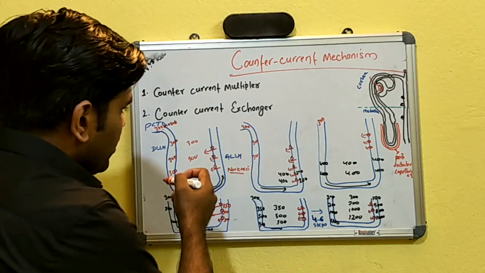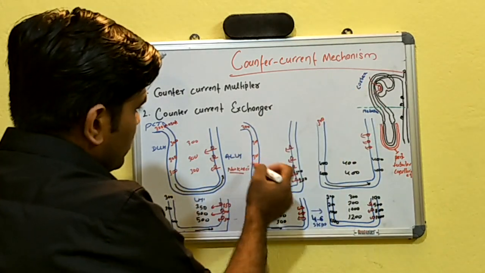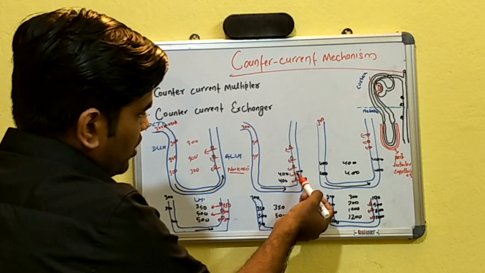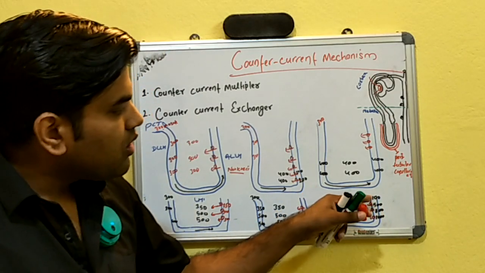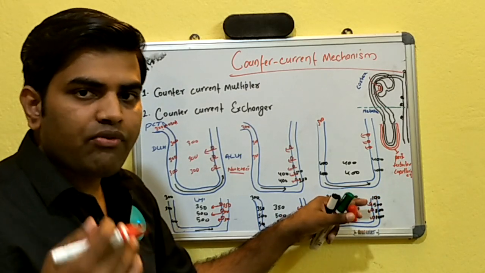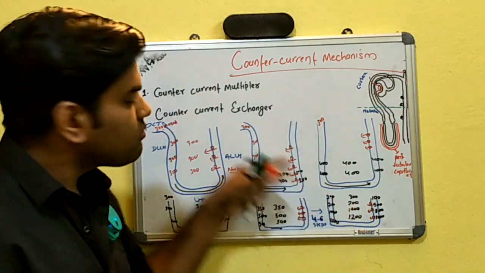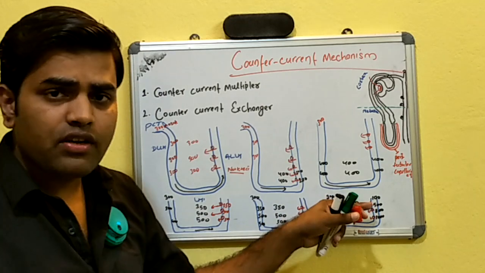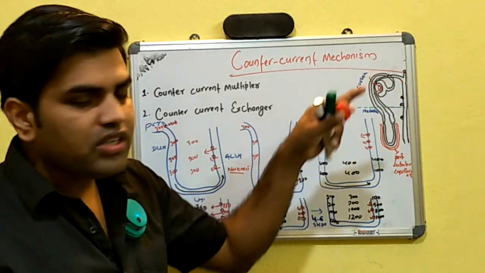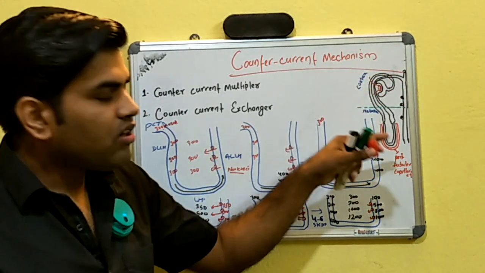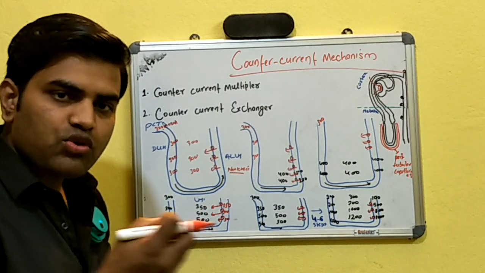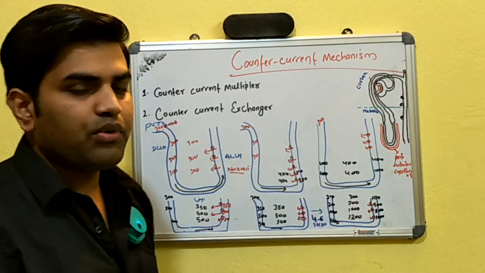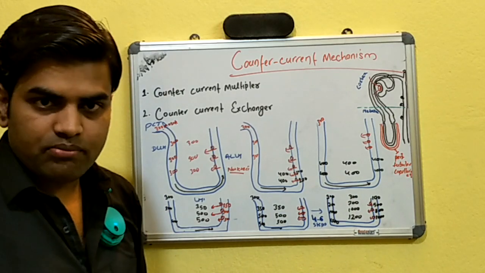So when you do nothing, 200 is taken out and finally 100 milliosmol comes out from the ascending loop of Henle. In comparison to 300 it is very low. Then it goes to the distal convoluted tubule and into the collecting ducts. There also sodium and chloride will be absorbed, so more solute will be taken out and more hypotonic urine will be formed.